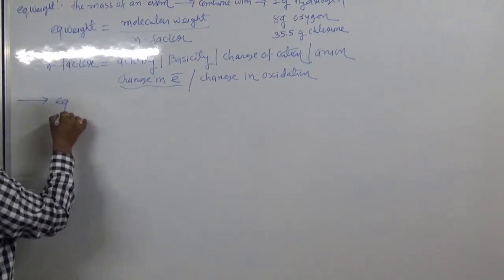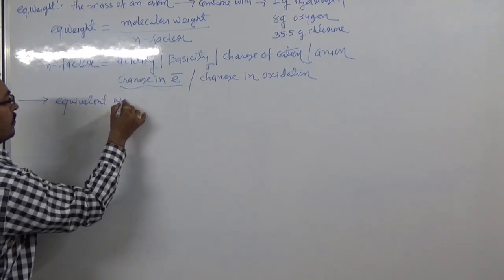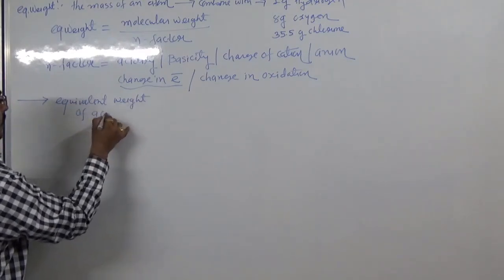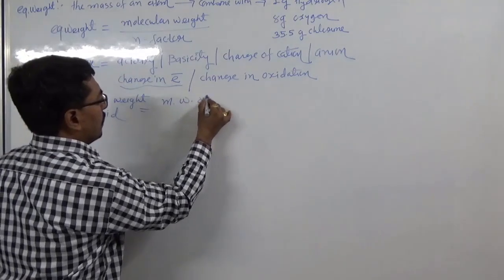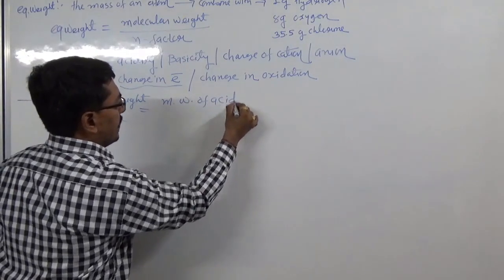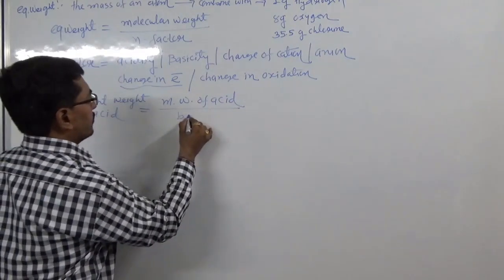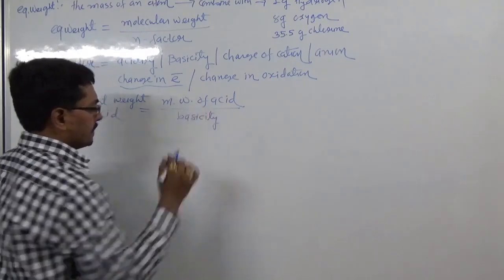If we want to find the equivalent weight of an acid, we have to use this formula: molecular weight of acid divided by basicity. Now the question will arise, what is meant by basicity?